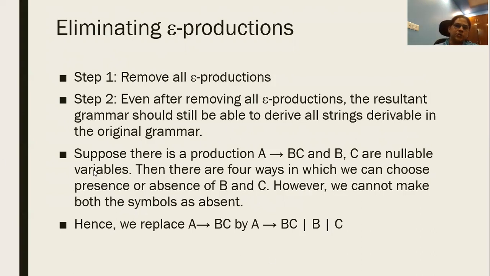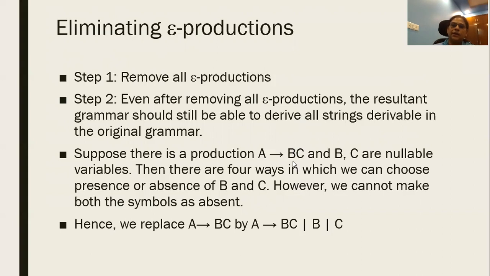To illustrate this process further, see that if there is a production A derives BC, and B and C are both nullable, then you can have four combinations of BC. Nullable means that it can be replaced by null, but it can be replaced by non-null terminal symbols also, right?